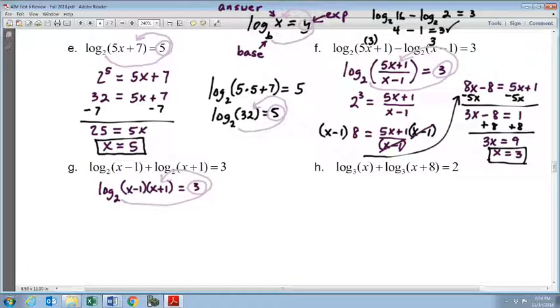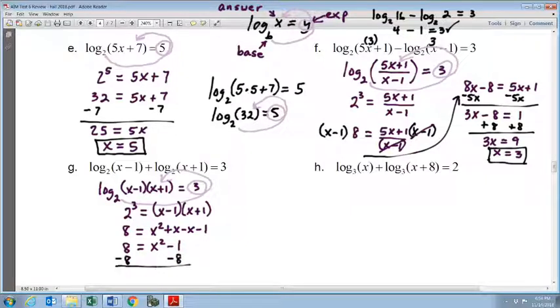We're just switching to exponential form here. Of course, 2 to the 3rd is 8. And when you FOIL on the right side, you're going to end up getting x squared minus 1. So this is quadratic. We need to get 0 on one side. And so we get 0 equals x squared minus 9.